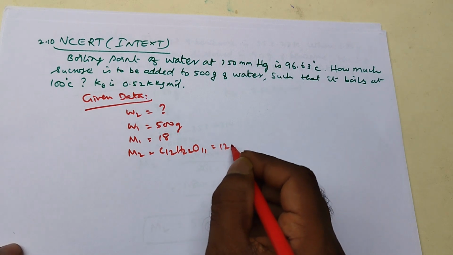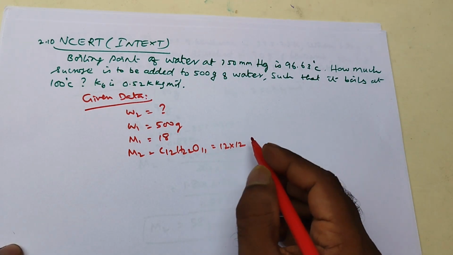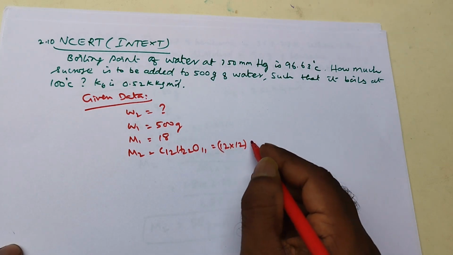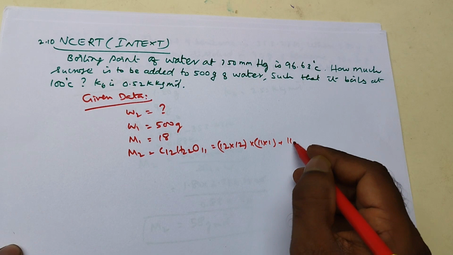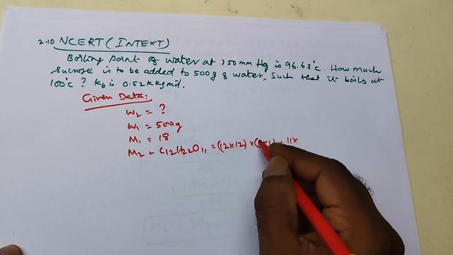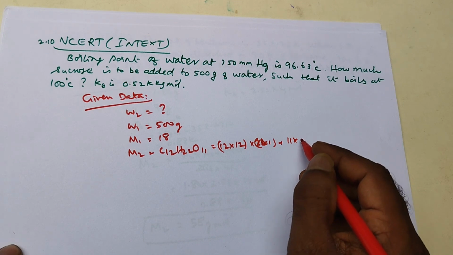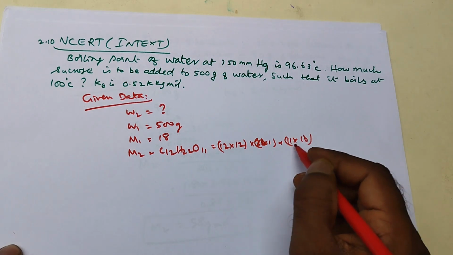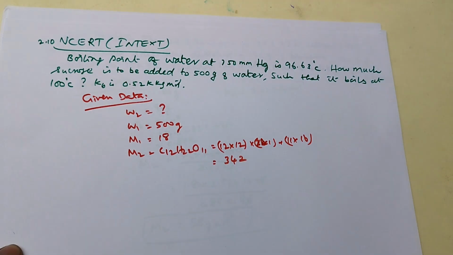So you have to add all these things. That is 12 into 12, since the atomic mass of carbon is 12, so 12 carbon atoms, plus 22 into 1, and 11 into 16. If you add all these things, it comes to about 342 gram per mole.